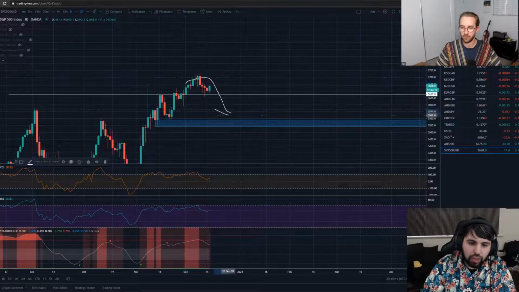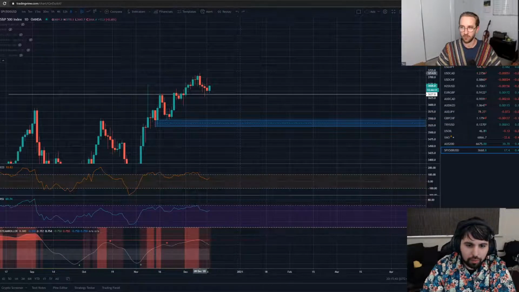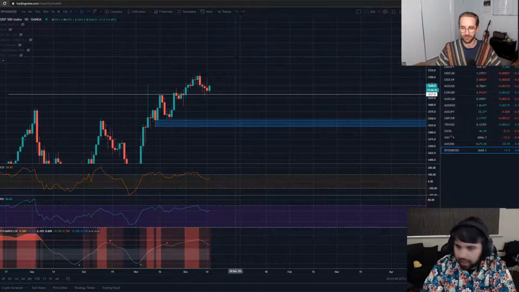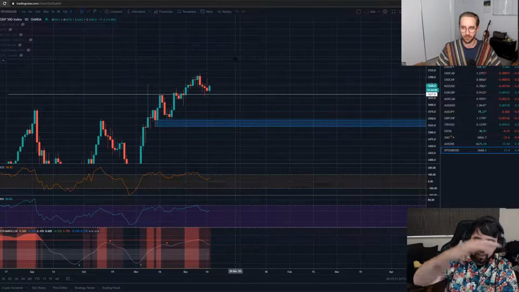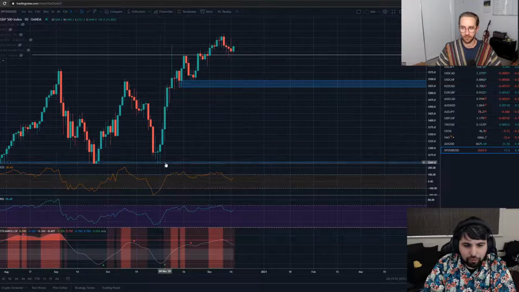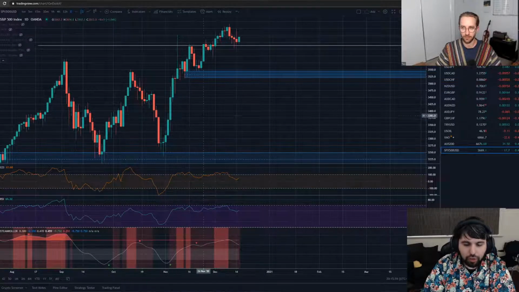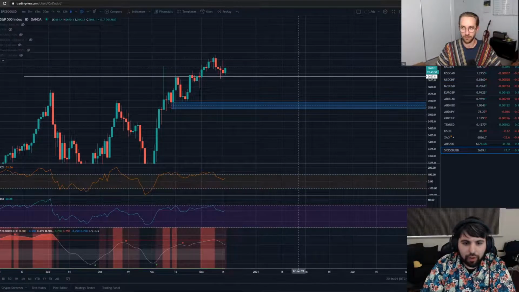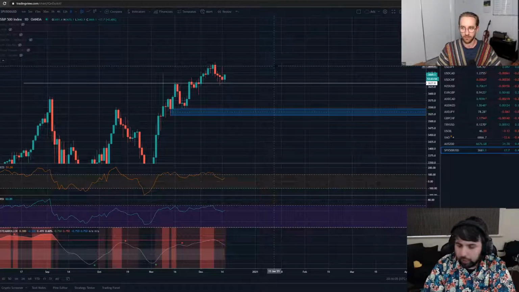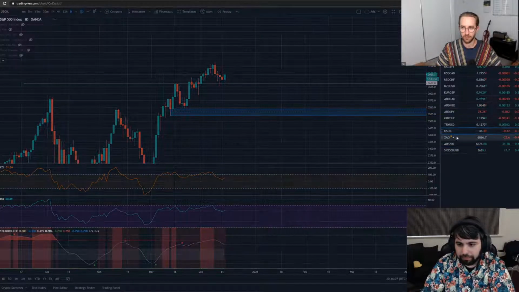So I really would expect the S&P, and that was a terrible arrow, to move towards that 3550 mark to complete the market cycle for this period, where we've had quite a decent movement from 3250 all the way up to around 3700. So a movement down to 3500 would be quite healthy, in my opinion.